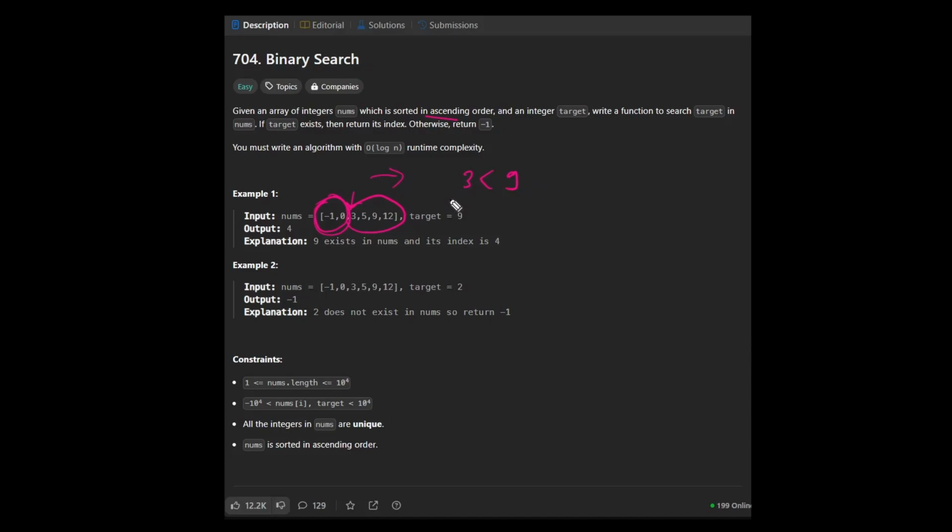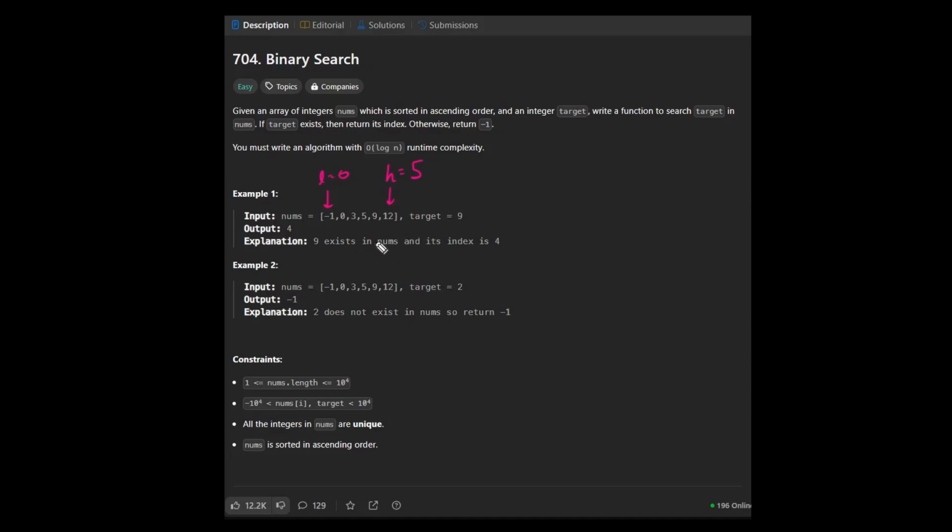So let's now run this algorithm. I have these numbers. The low is at 0. The high is at 5. What would be the middle point? In this question, we are supposed to take the middle point. There are many different points that can be taken.